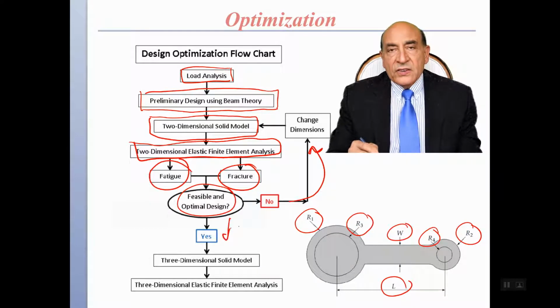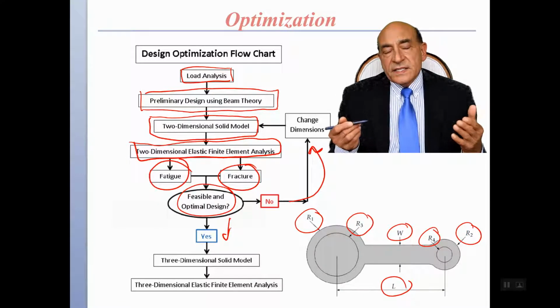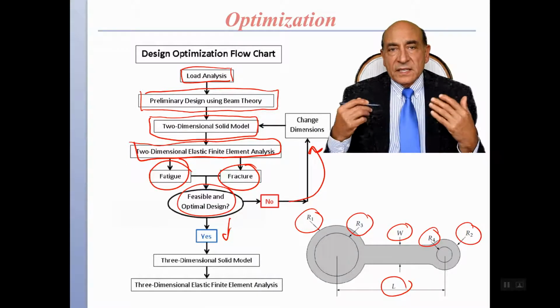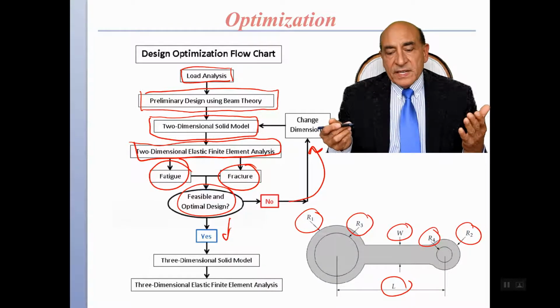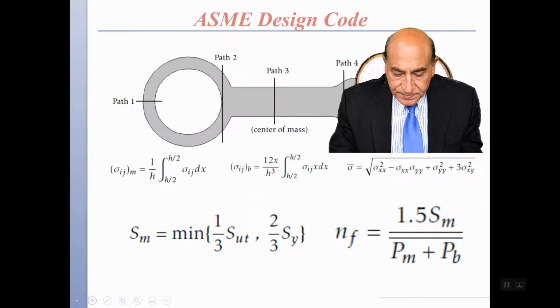If I reach now the minimum size that is possible to give me the lifetime that is needed for the design, then I now can proceed to the final step, which is creating a very detailed 3-dimensional model, introducing it into Abaqus, and finalizing the analysis for the connecting rod.